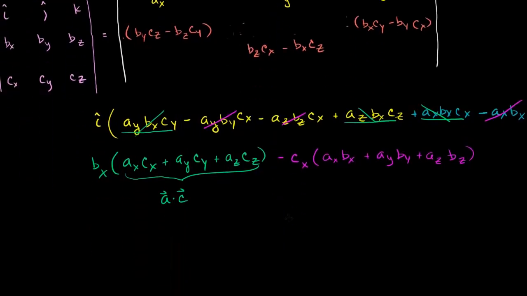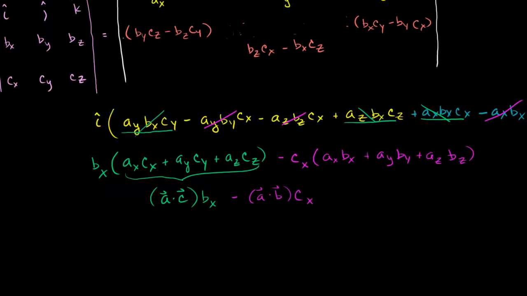So that's the dot of a and c times the x component of b, minus, once again, this is the dot product of a and b, now, minus a dot b times the x component of c. And we can't forget, all of this was multiplied by the unit vector i. We're looking at the x component, or the i component, of that whole triple product.